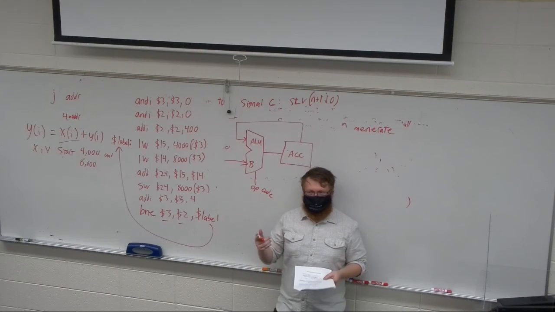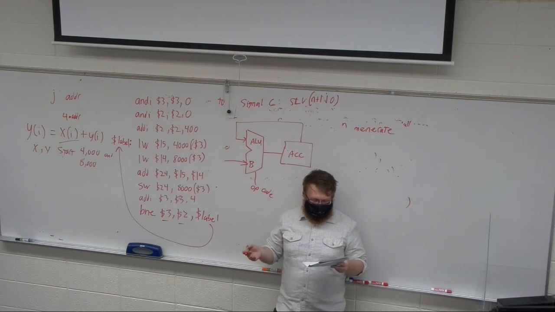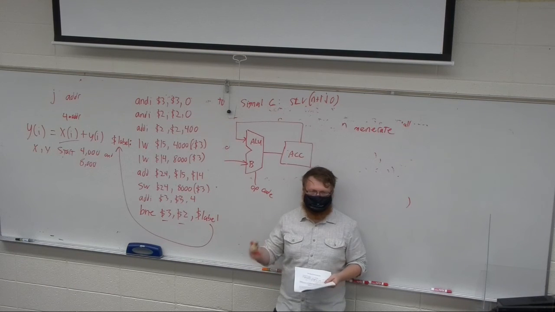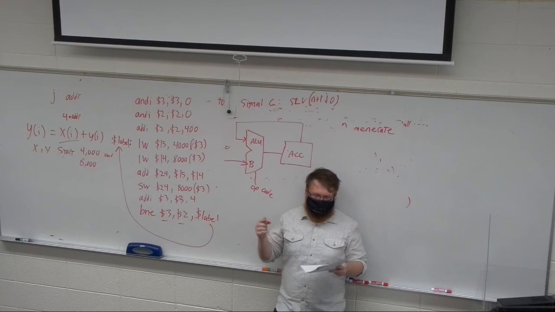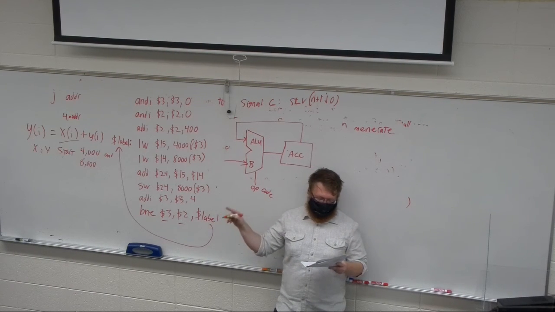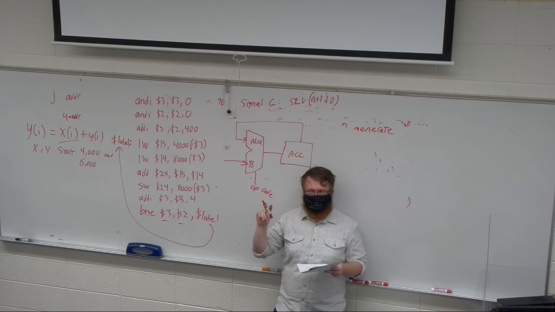Those formats are R, I, and J formats. For R, this is your arithmetic functions: add, subtract, multiply, etc. It's going to have the opcode followed by 2 5-bit addresses, which are your inputs, followed by a 5-bit address, which is your output.